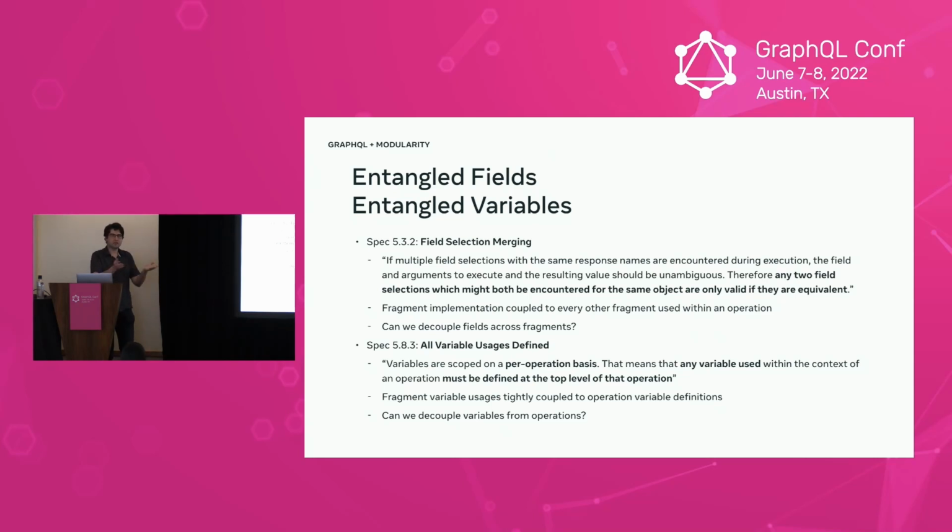So it needs to be identical in a lot of ways. As Dave was pointing out, it needs to have the same arguments. It needs to also return a compatible type, all kinds of things.